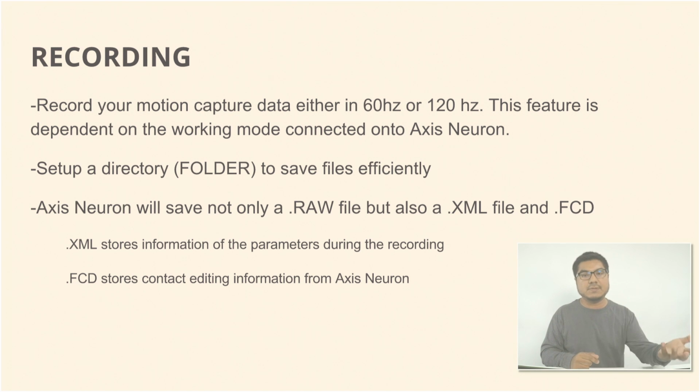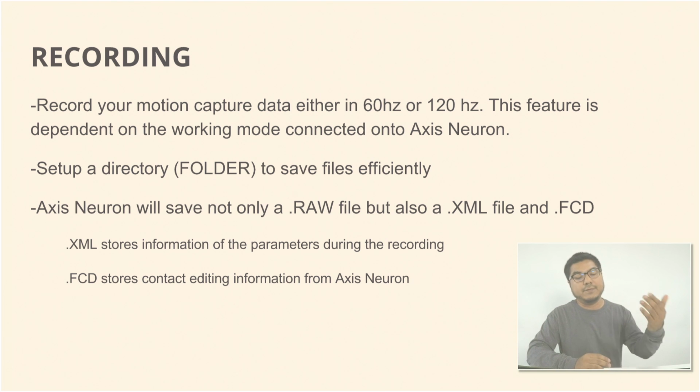The XML file, you can open it in a notepad and you'll see all the data. It'll show the parameters, what functions you had on or off. If you had a contact point, if you had the anti-mag selected or not. So, that's something that's very important to understand how it works. You select it during the capturing stage so that you can prepare it. During the recording stage, it saves an XML file for that.